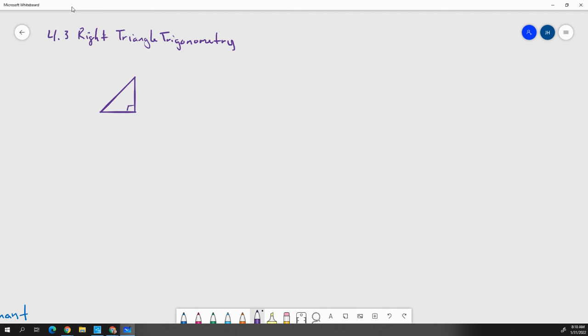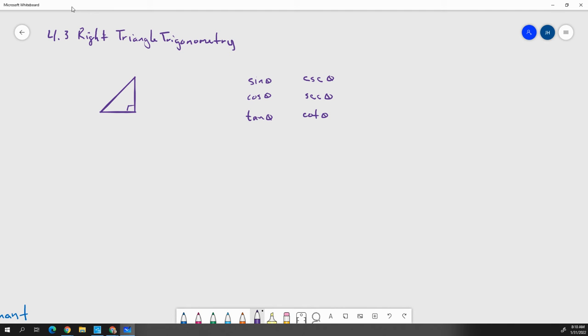right? So if I have a right triangle, and we're talking about our six trig functions, like say sine of theta, cosine of theta, tangent theta, cosecant of theta, secant, sorry, I forgot where I was, and cotangent of theta, right?